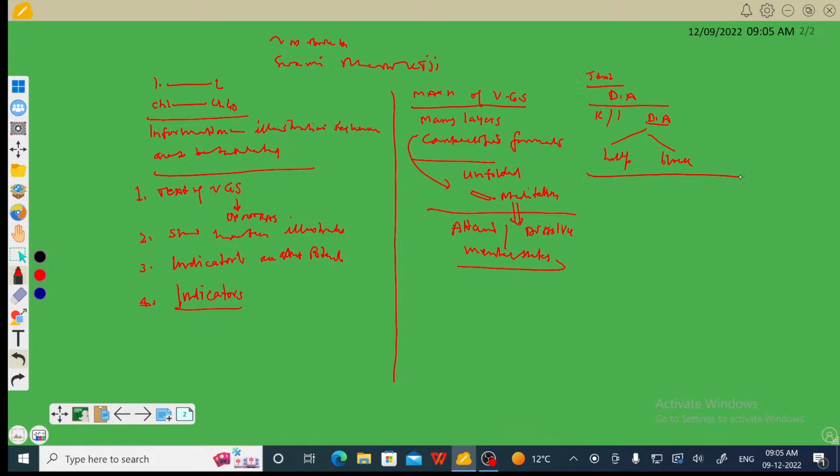Math of Vedic Ganita Sutras as Vedic mathematics is to be the mathematics of mind, mental mathematics.